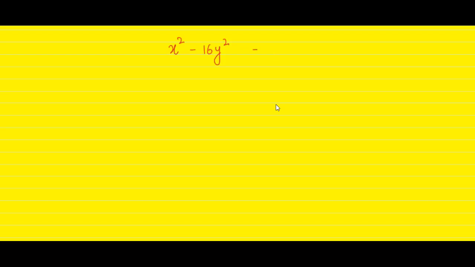So we can write it in the form of difference of squares like this: x square minus 4y square, whole square. Now we can see the difference of squares, so we can split it into two factors, that is x minus 4y into x plus 4y. So these are the two factors. Now let's move on to the next expression.